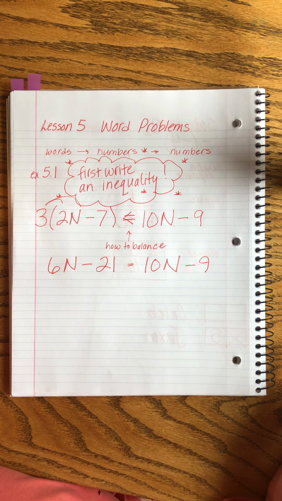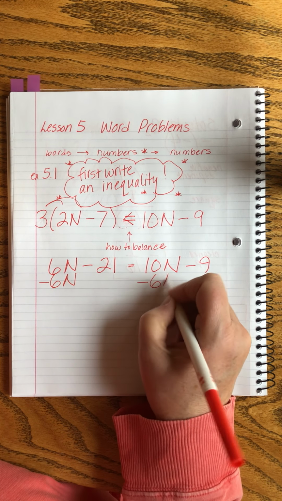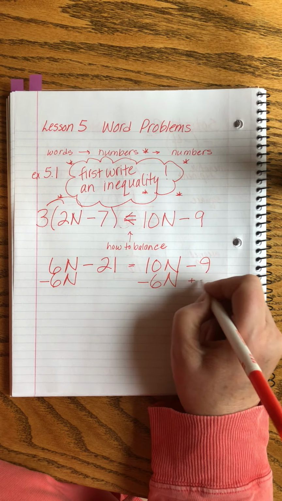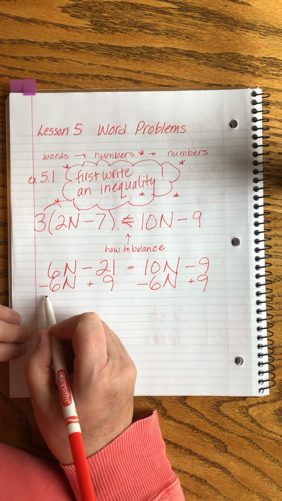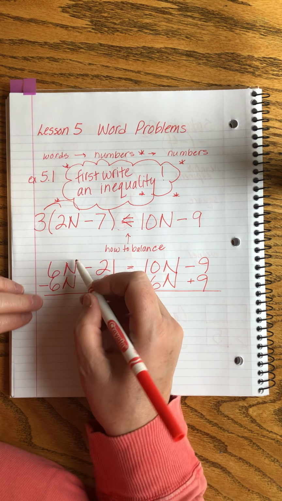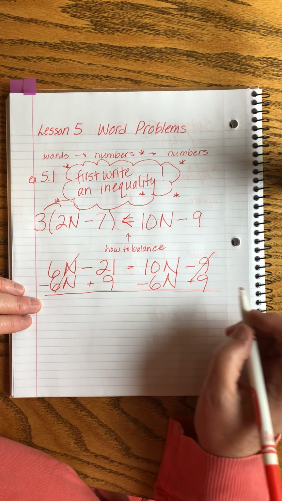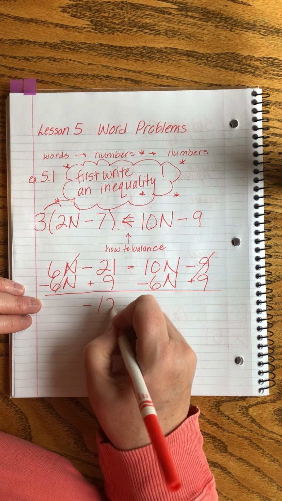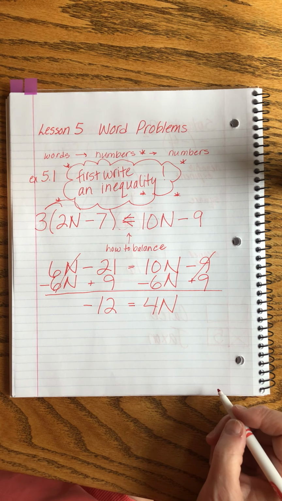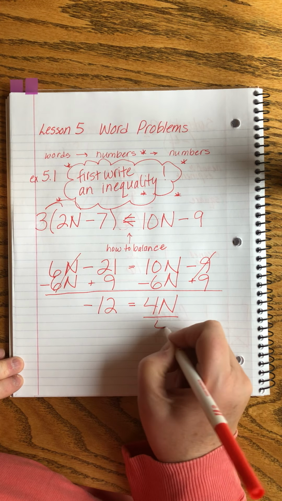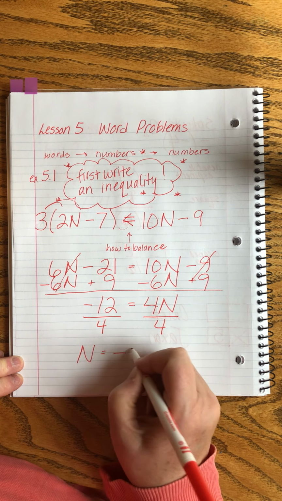I think I would like to subtract the 6n, so I'll end up with a positive n number. And that means I have to add 9 to swim the plain number fishies the other way, right? We started by swimming the n's over here, and then we have to swim the plain number fish. All right, this gives me minus 12, well, I don't love that, equals 4n. That looks painless. And we get n equals minus 3.